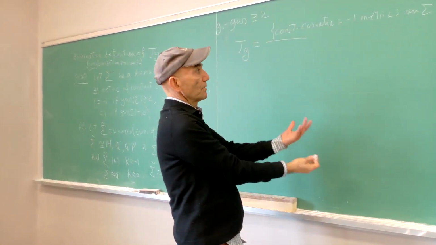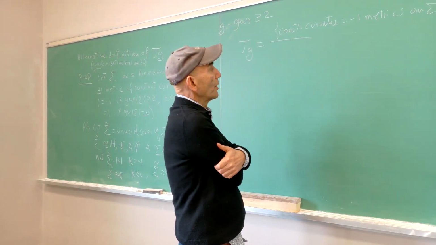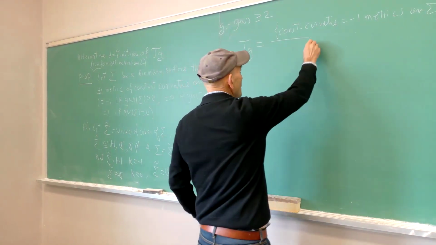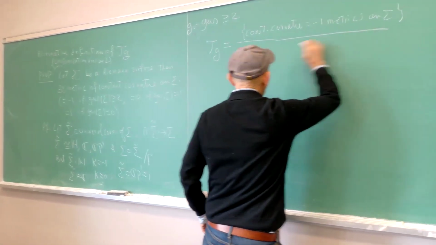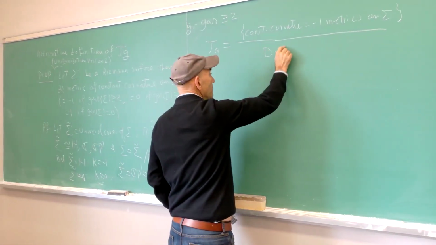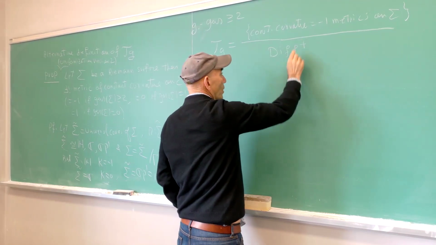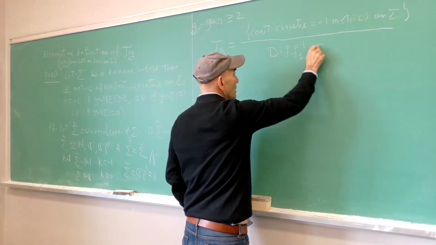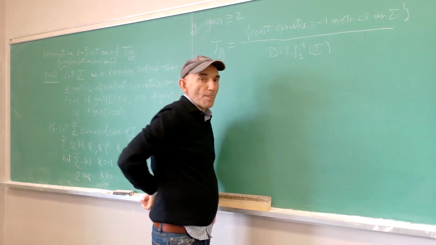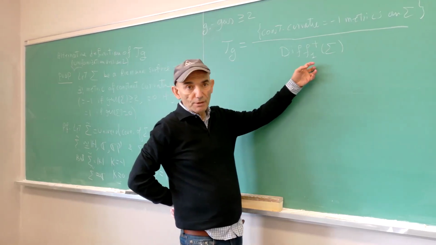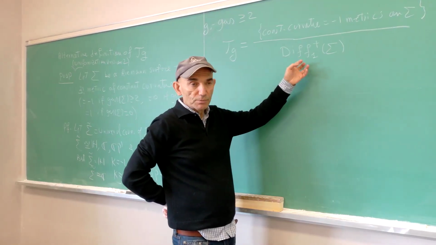We put all possible constant curvature -1 metrics on sigma and divide by Diff_+(sigma). So this was the connected component of identity in the diffeomorphism group.